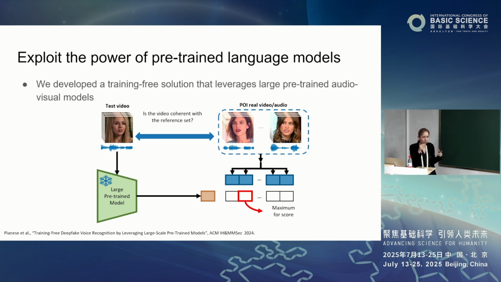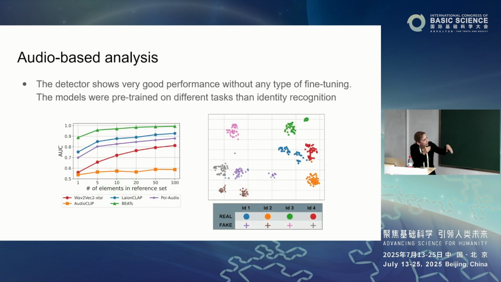We did a lot of work trying to understand how to extract the features, but we could use some pre-trained models. The power of these large language models and vision language models is really great, even for audio. And you can see here how good they are at distinguishing different types of identities, and how performance is much better than our first approach, which is person of interest audio, the violet curve.